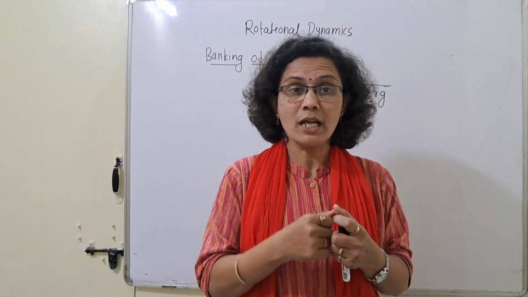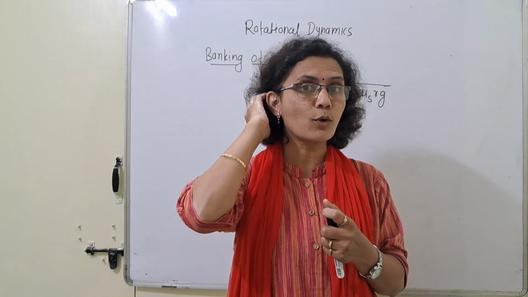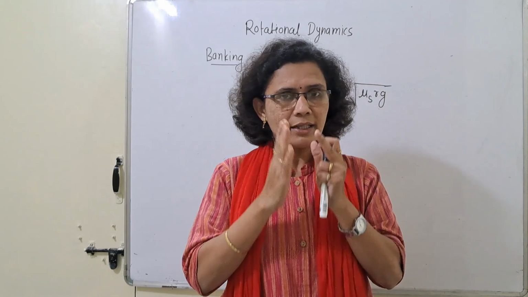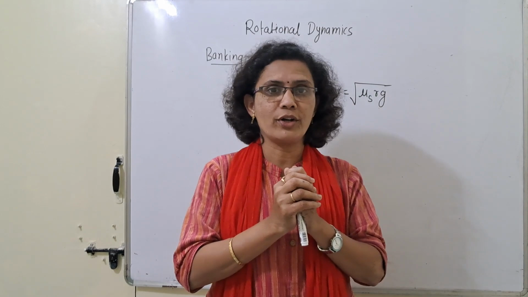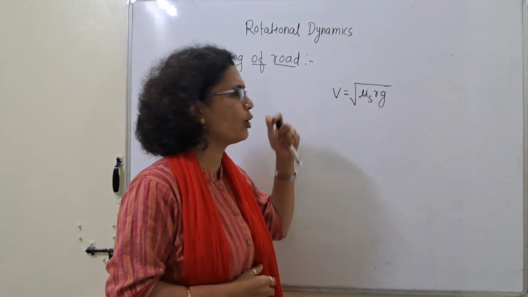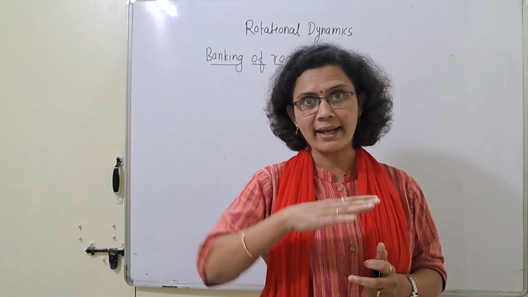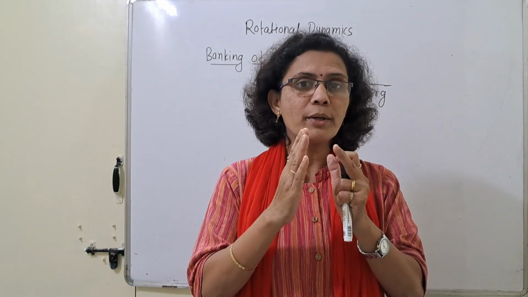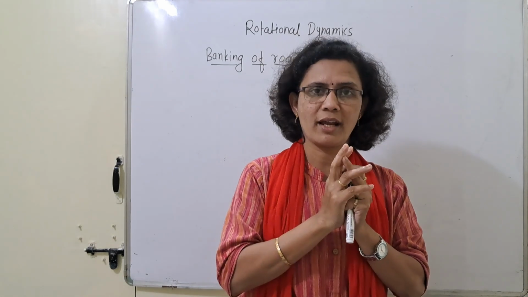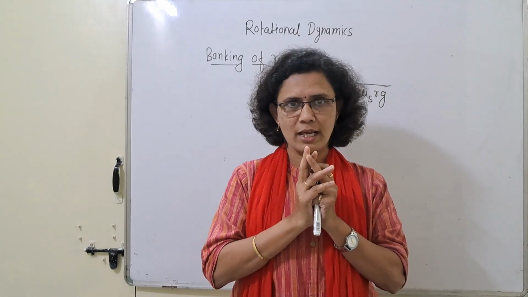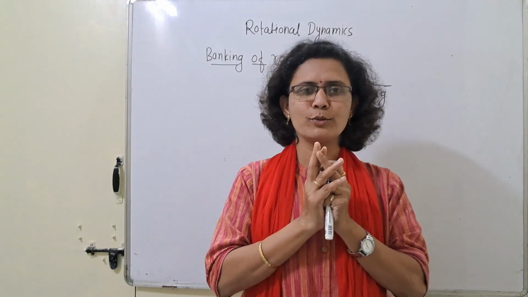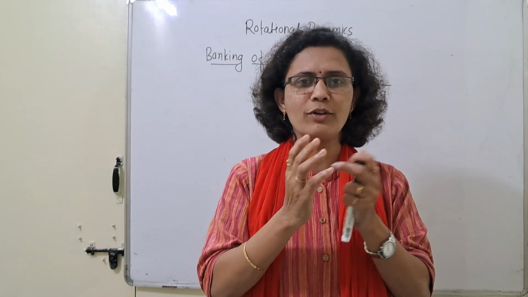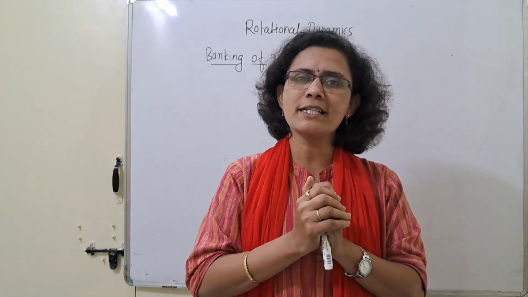So to avoid this, see, this centripetal force is provided by the friction and friction is at its higher limit. So tear and wear of tires, if we want to avoid, there is a remedy, that is angle of banking. If we make the road banked, that is some inclination with the horizontal, then the component of normal reaction will provide the centripetal force, and it is possible to increase the speed without more friction, or there will be less friction between the tires and the road.